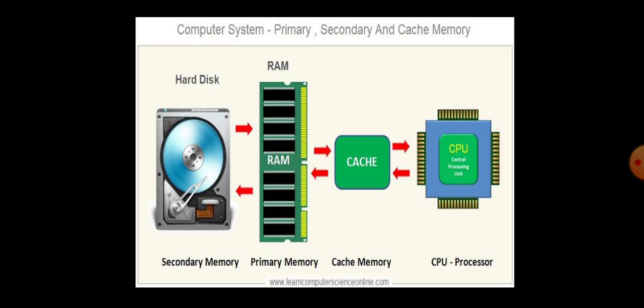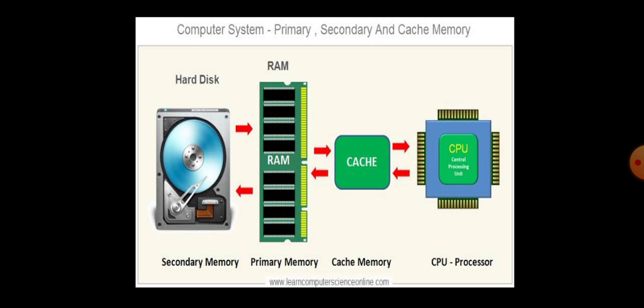Whenever you double click a Word document, what is happening exactly is given in this figure. The Word program is written and stored in the hard disk, actually in the secondary device, that is local disk C. From local disk C, the control unit fetches the program into RAM.